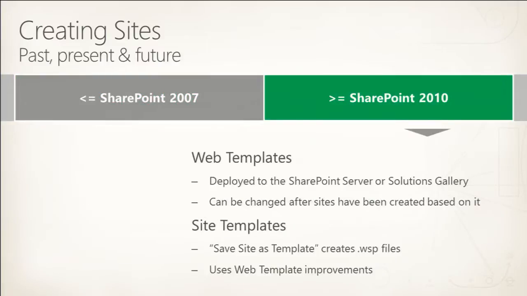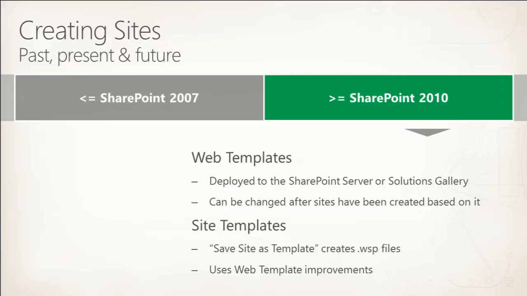From SharePoint 2010 onwards, we could create web templates. A web template is deployed to the SharePoint server or to the solutions gallery, depending on how you're creating the template. Web templates can be changed after sites have been created based on the template. So it's a lot more flexible. You're not stuck to that one template, and you can modify it after sites have been created. We still have site templates.